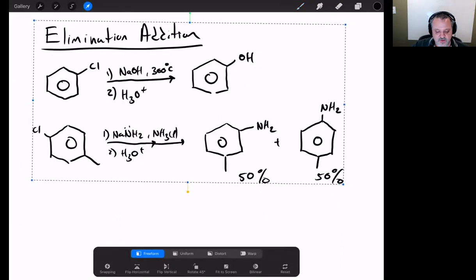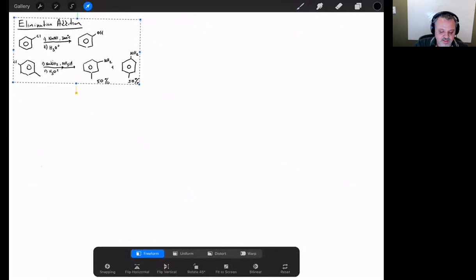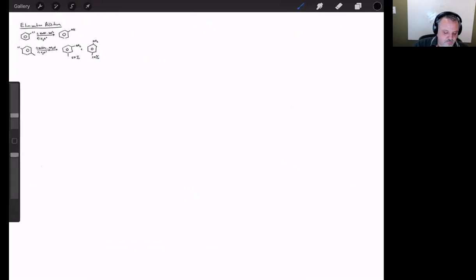So we needed another reaction mechanism to explain this, and that's where the elimination-addition mechanism comes in. What I'll do is show that mechanism from the perspective that we just saw.